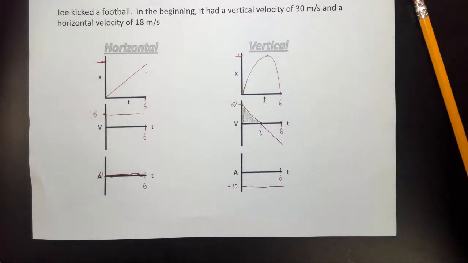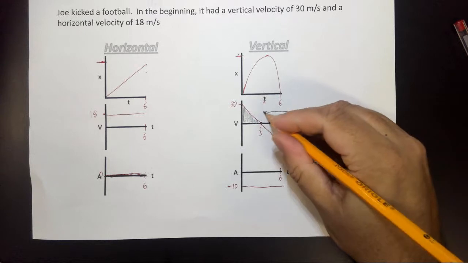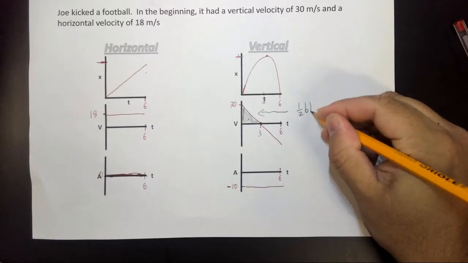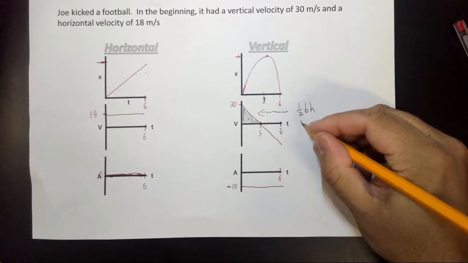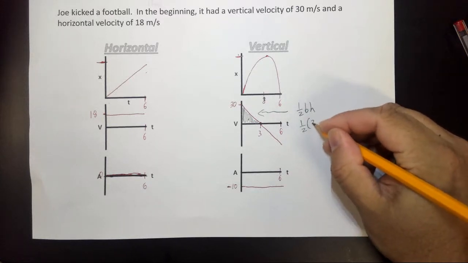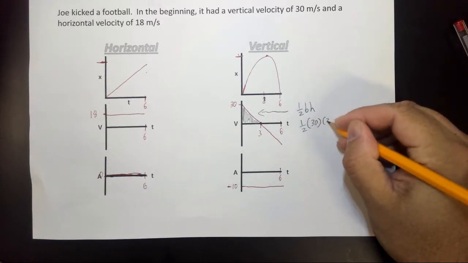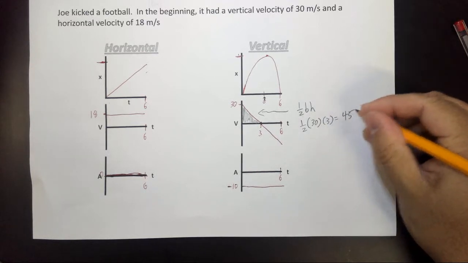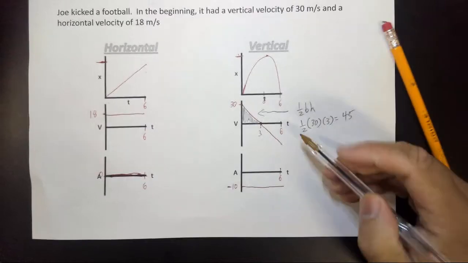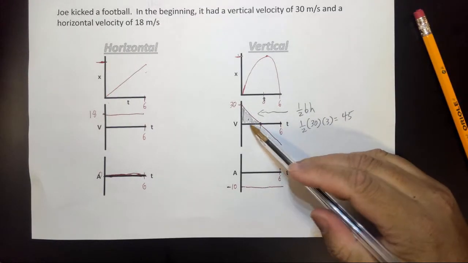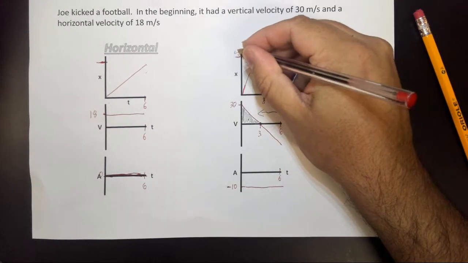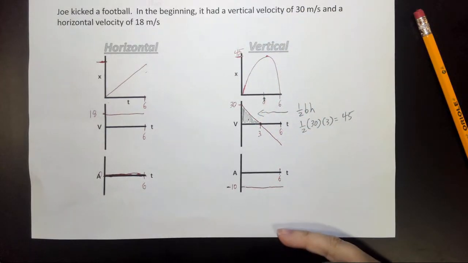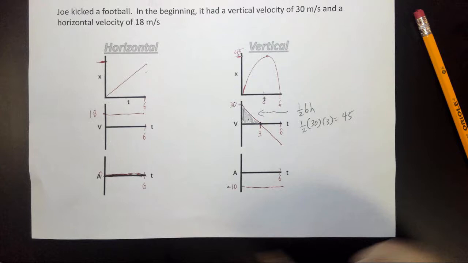Right, and so the area of this would just be the area of a triangle, which is 1/2 of base times height, which is 1/2 of 30 times 3, which is 45. So it gets 45 meters away from where it started vertically at the center point. Okay, what that tells you is the football went up 45 meters and came back down.